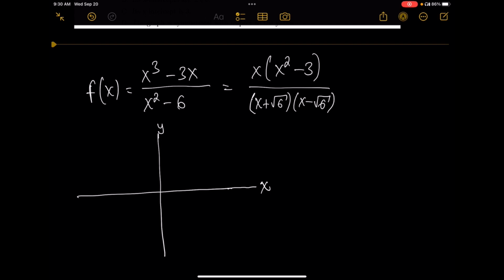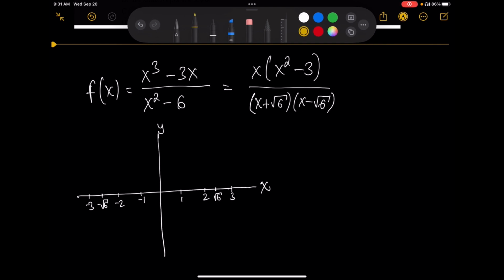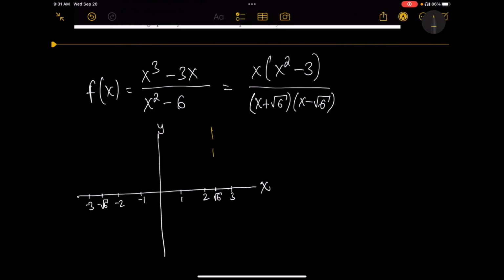ለዛ ፈንክሽኑ square root of 6 ላይ እና negative square root of 6 ላይ it would have a vertical asymptote.